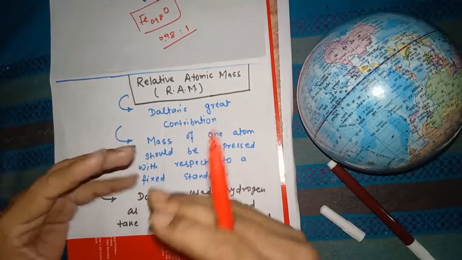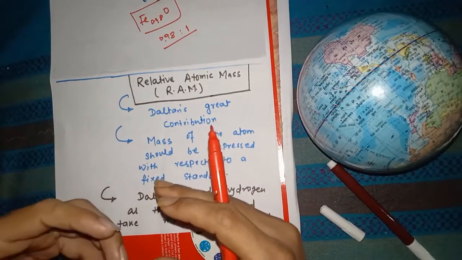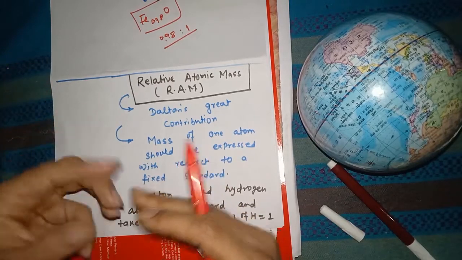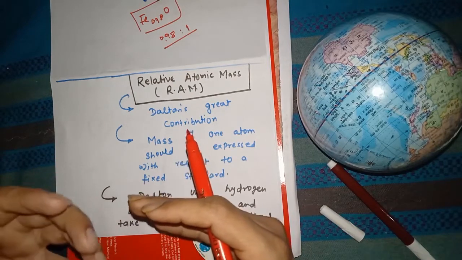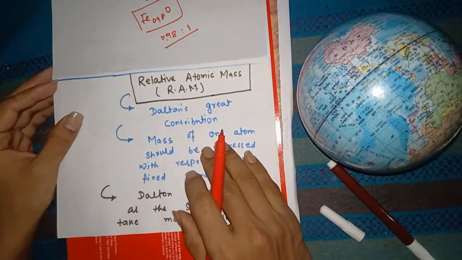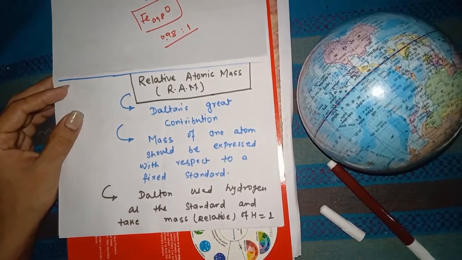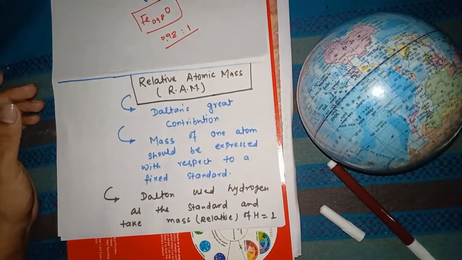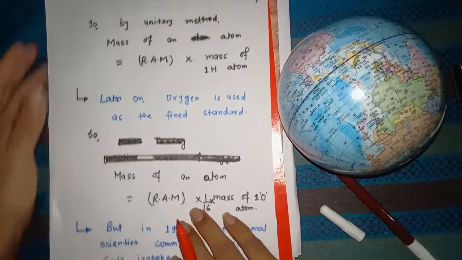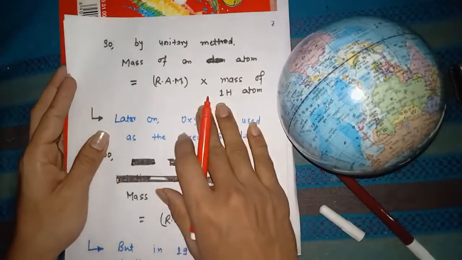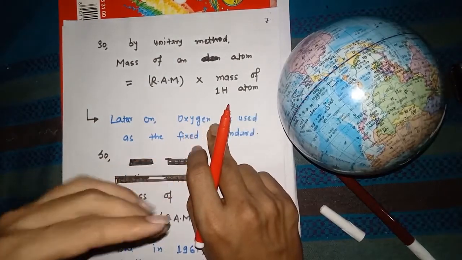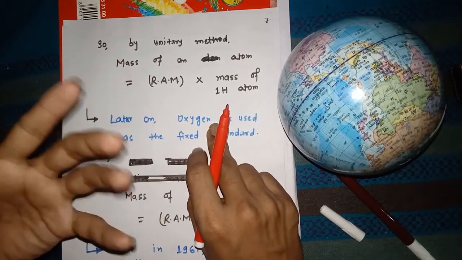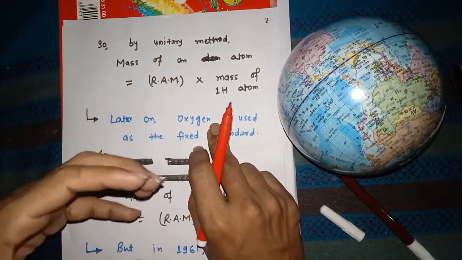Have you got my point? So let's say that helium is 2 times more massive than a hydrogen atom, so we can say that the mass of a helium atom is 2 units with respect to a hydrogen atom. You can calculate it by the unitary method also. So we can say that the mass of any atom is RAM into the mass of one hydrogen atom, meaning the actual mass of one hydrogen atom into RAM, relative atomic mass.